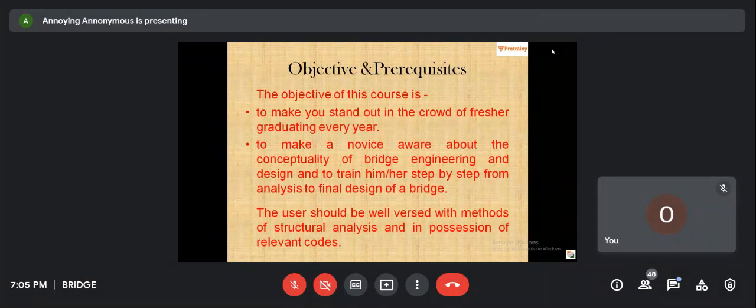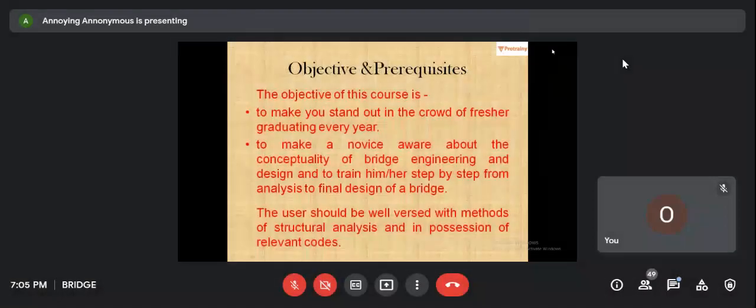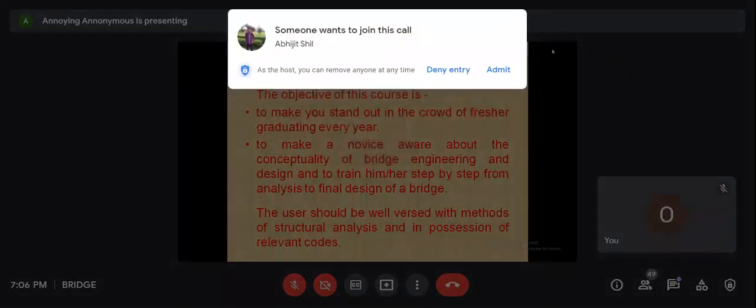So you have to be well versed with the manual methods of structure analysis. And if you don't think you are well versed, I suggest you start practicing those methods on the side in order to get maximum from this course.